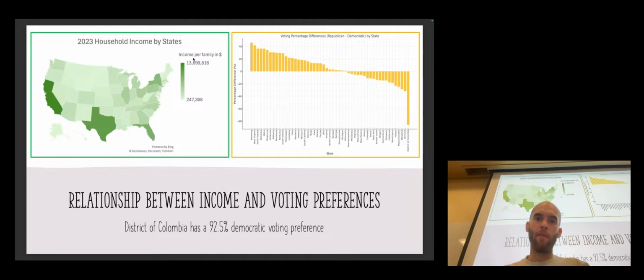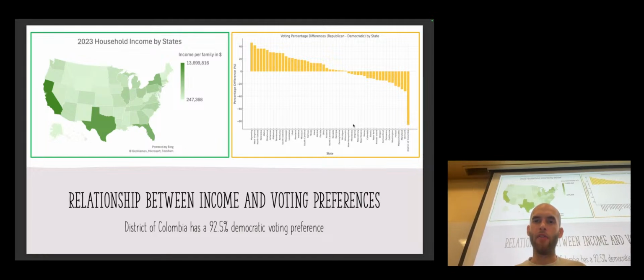So we had household income by states. This group actually constructed a map of states colored by their average income, and they did it actually in Excel.